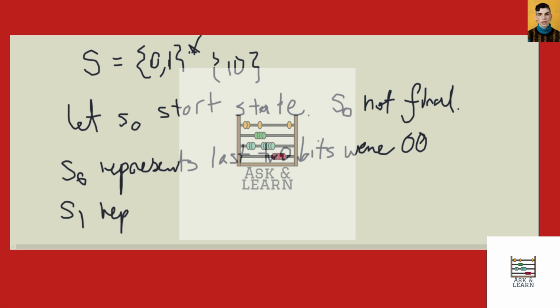S1 will represent that the last two bits were 0, 1, or in this case, that we've only had one bit so far, and it was a 1.